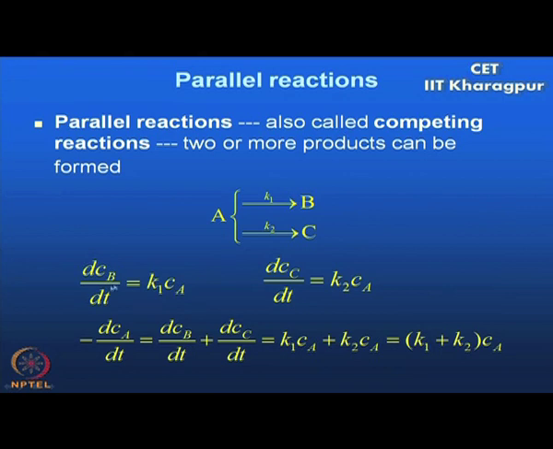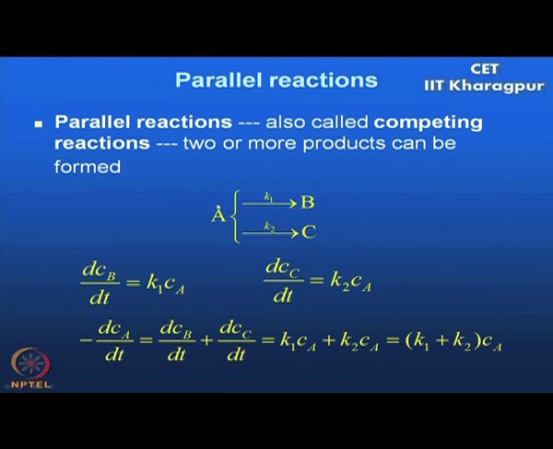So, the rate of formation of B, that is dCb/dt, is equal to K1 into Ca. In the same way, the rate of formation of C, dCc/dt, is K2 into Ca. So basically we are writing in terms of product formation.